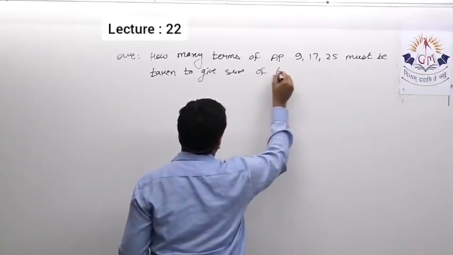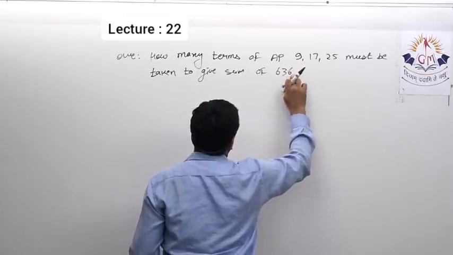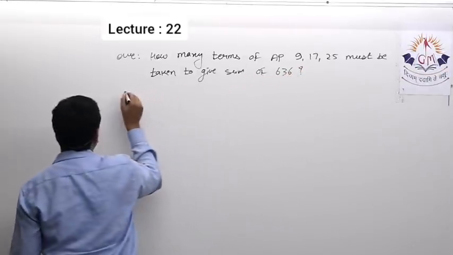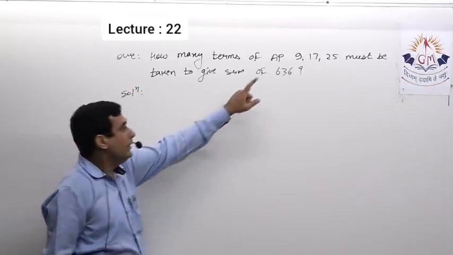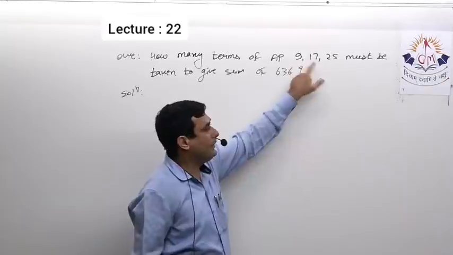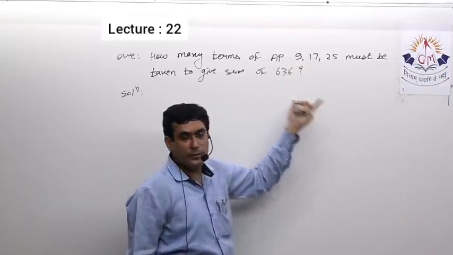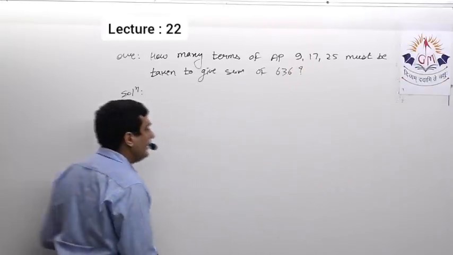So directly what they are asking is number of terms. So a is given, d is given, sum is given, they are just asking to find n.